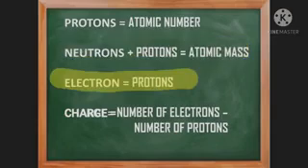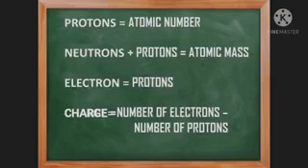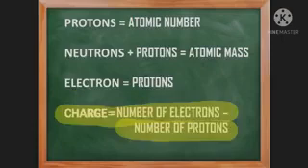In a neutral atom, the number of electrons is always equal to the number of protons. But not all atoms are neutral. Ions are charged atoms. To get the charge of an atom, you must subtract the number of protons from the number of electrons.